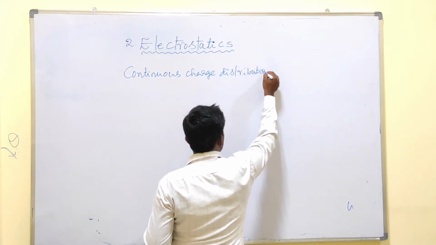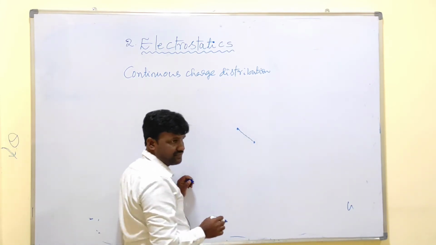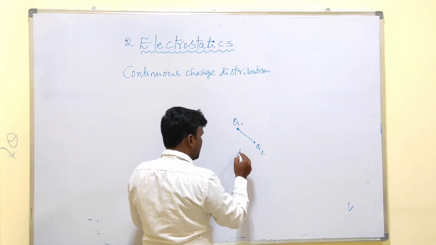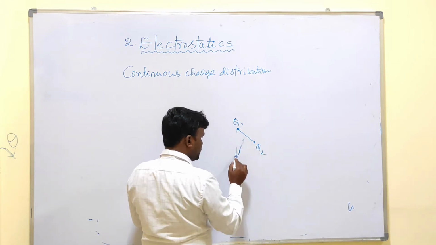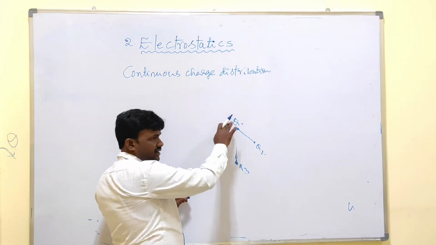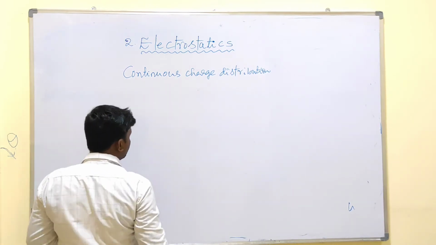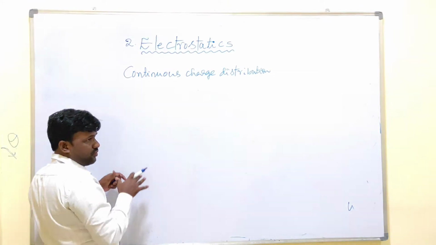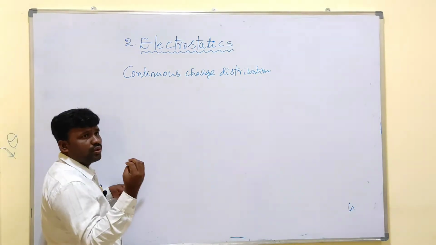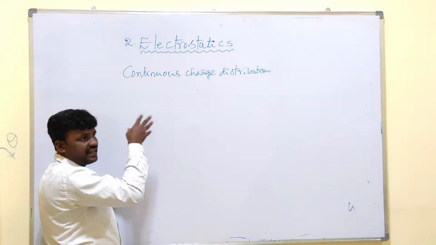In case of point charges, each and every point is unique, they are different: Q1, Q2, and another one Q3. The separation is large in case of discrete point charges, whereas in continuous charge distribution we have a large number of charges closely spaced to each other. That means the separation between these charges is very small.